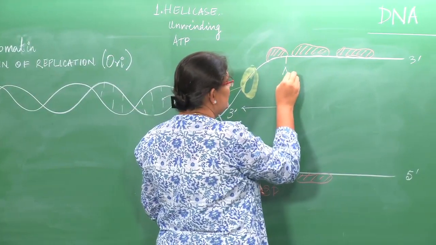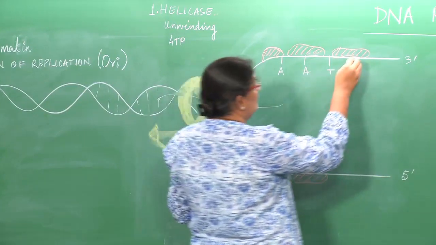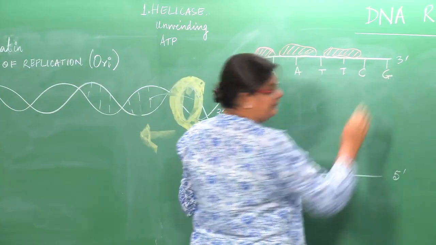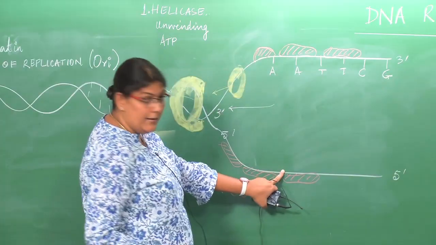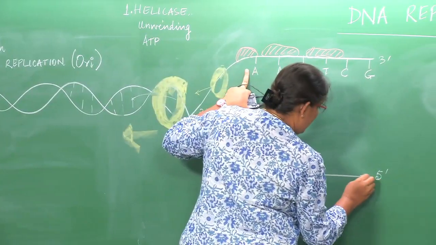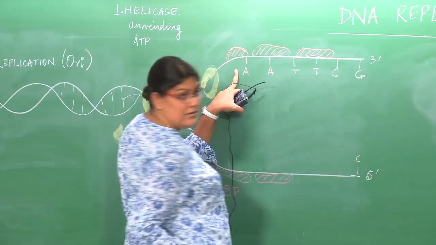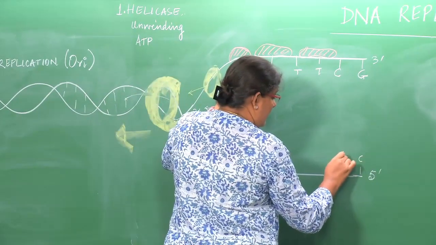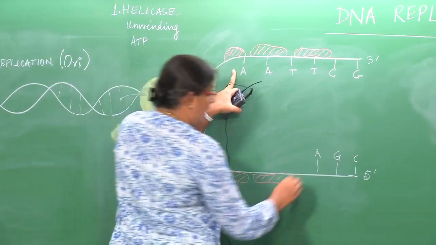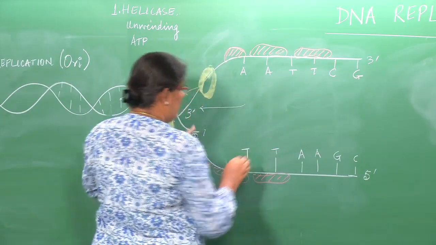Let us say it has a sequence of an A, another A, a T, another T, say a C and a G. Since this strand was complementary to its partner, it should have had exactly the complementary information, which is a C here, a G here, an A here, another A here, a T here and a T here.